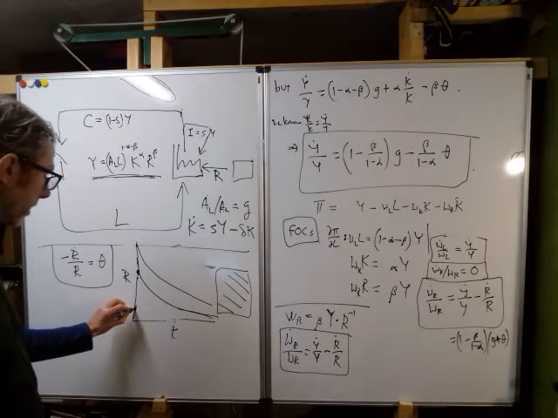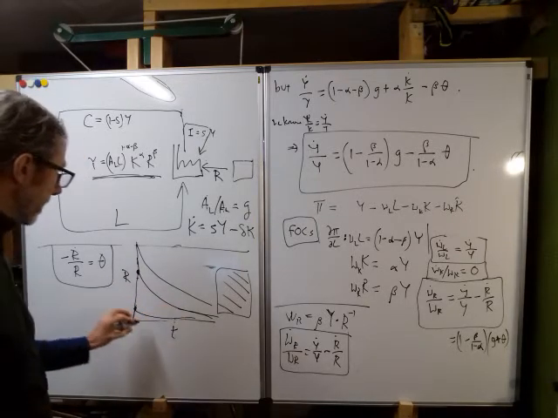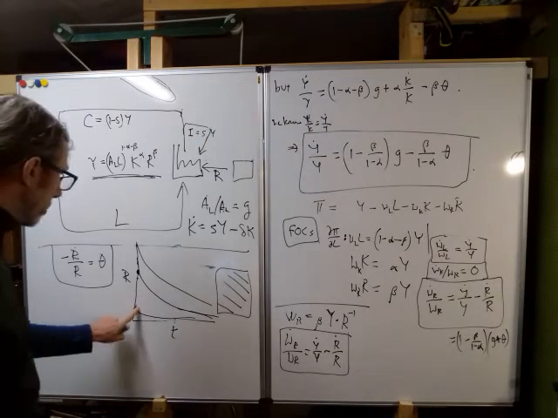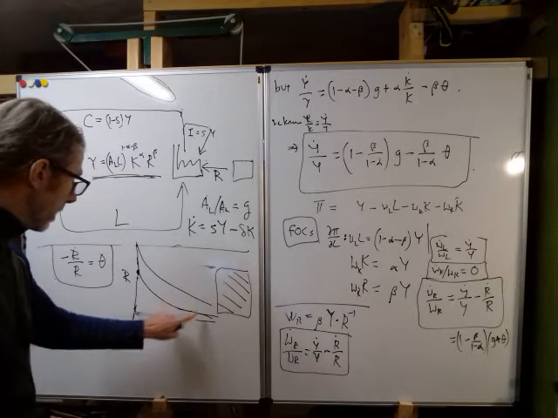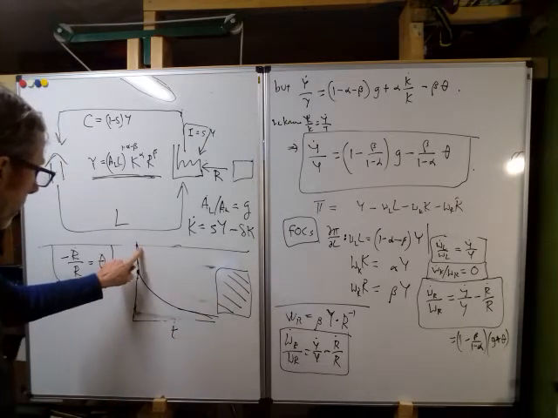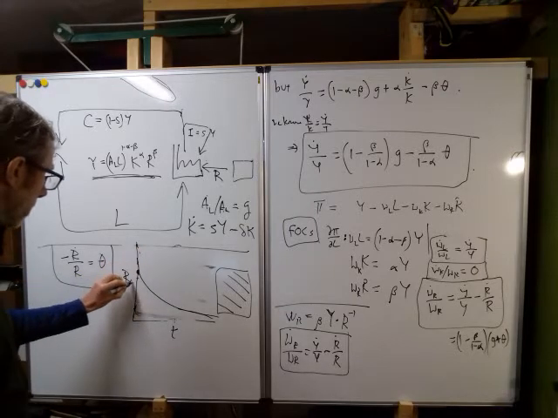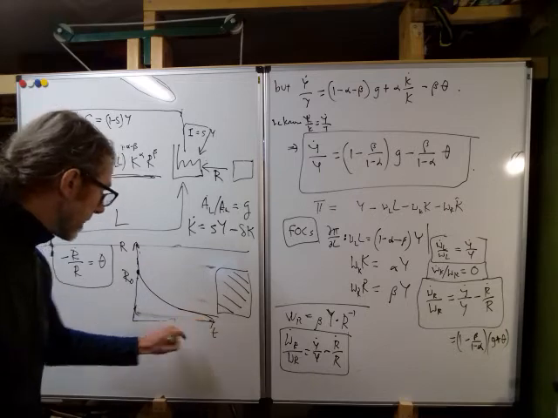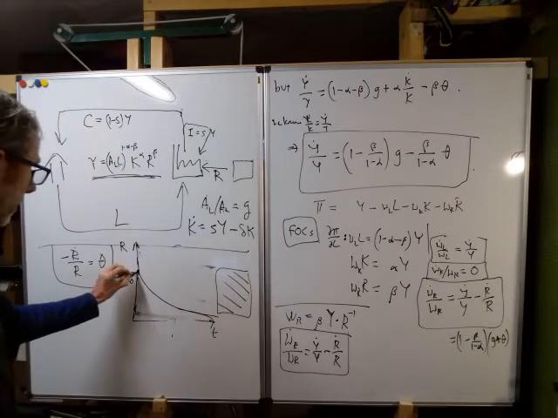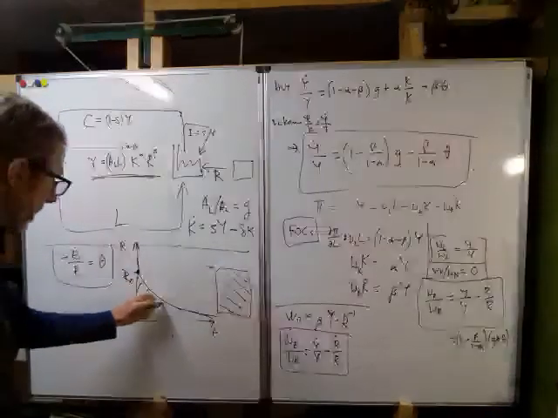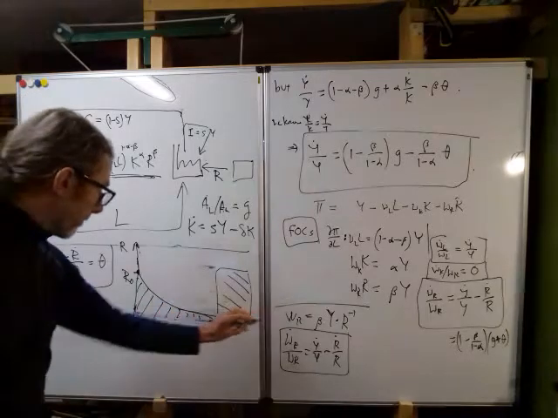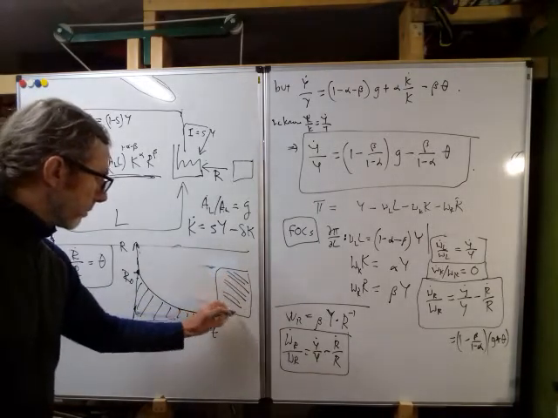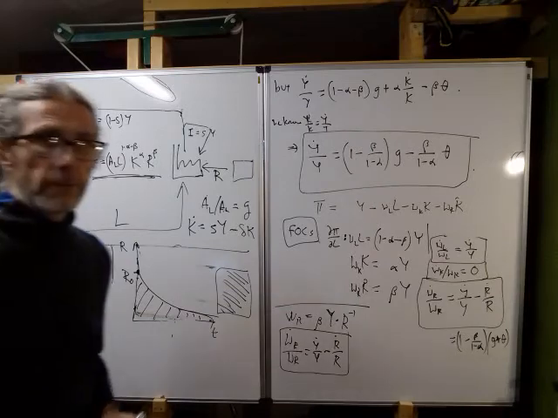The lower we start, the smaller will be the area. We're going to choose R naught, so this is R, this is T. We're going to choose R naught such that this area in infinite time is equal to this, yeah. We don't want to fall off the cliff.